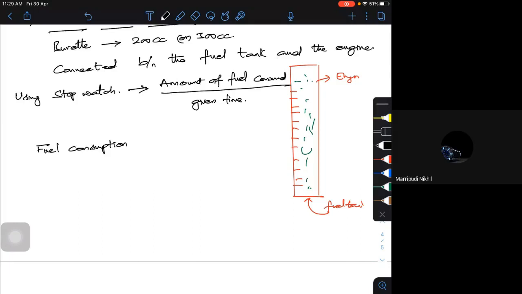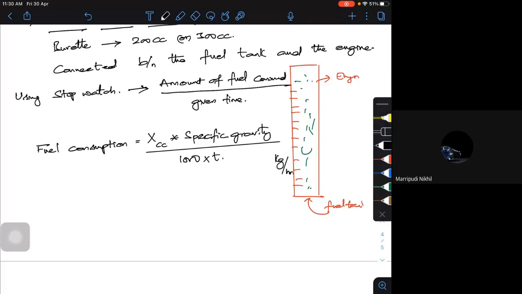It is given by so many cc of fuel, into its specific gravity, such as the specific gravity of petrol, divided by 1000, since I have to convert cc to meter cube, into the time. So I get so many kg per hour, or kg per second, depending upon the time we are taking.